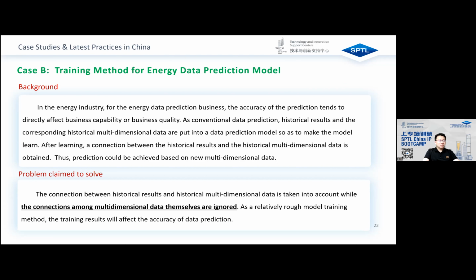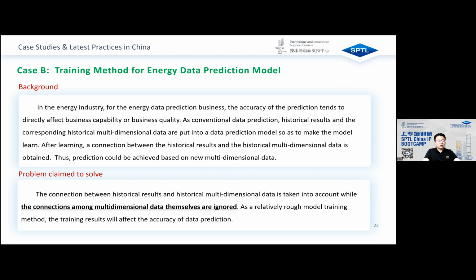So in the background part, it states that in the energy industry, for the energy data prediction business, the accuracy of prediction tends to directly affect the business capability or business quality. As conventional data prediction, historical results and the corresponding historical multi-dimensional data are put into a data prediction model so as to make the model learn.